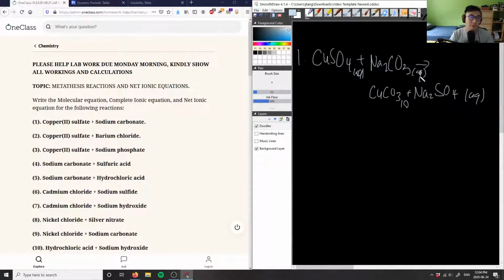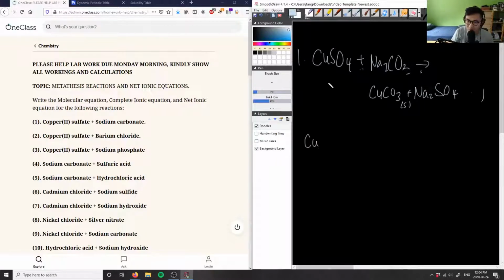So again, I want to figure out my net ionic equation for this reaction. Let me take out the phases actually, because we just care about this one here, which is a solid. So this one is solid. What I want to do is break these back into their ions, right?